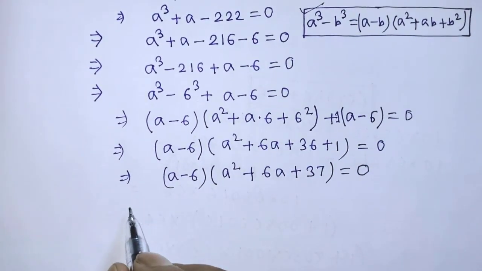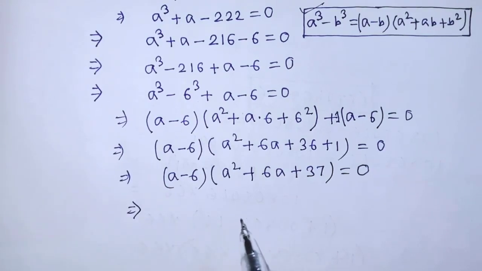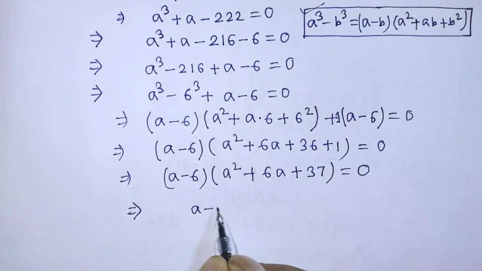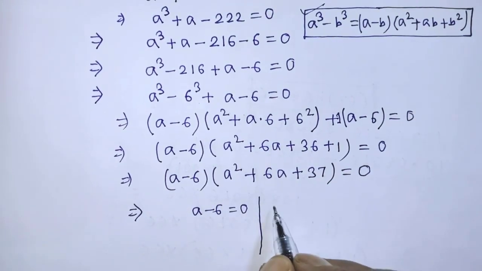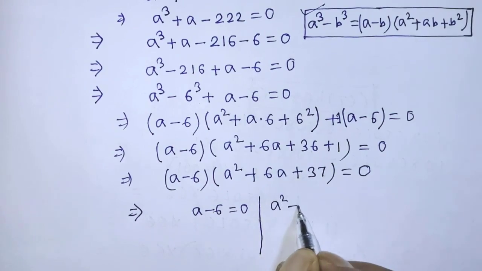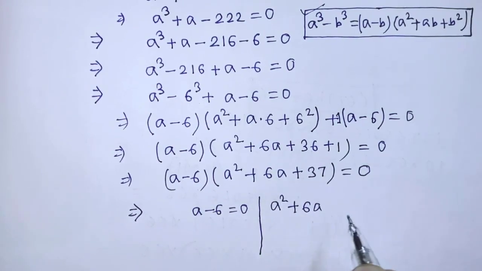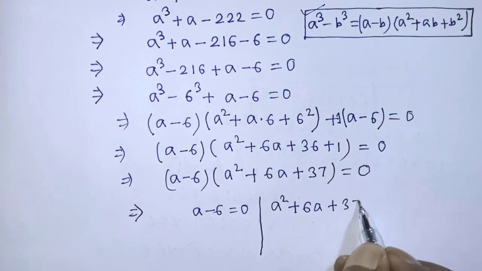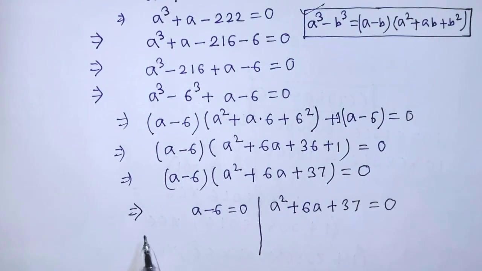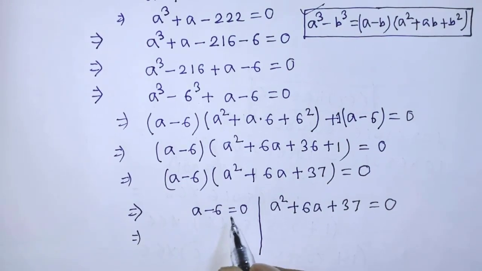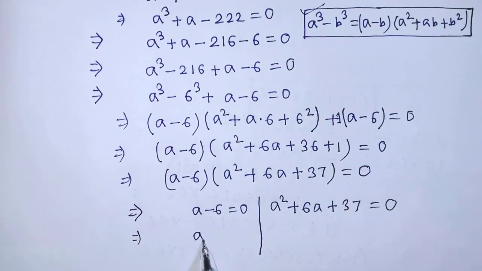According to the zero product rule, we can write from this equation a - 6 = 0 and a^2 + 6a + 37 = 0. From the first equation, a = 6.